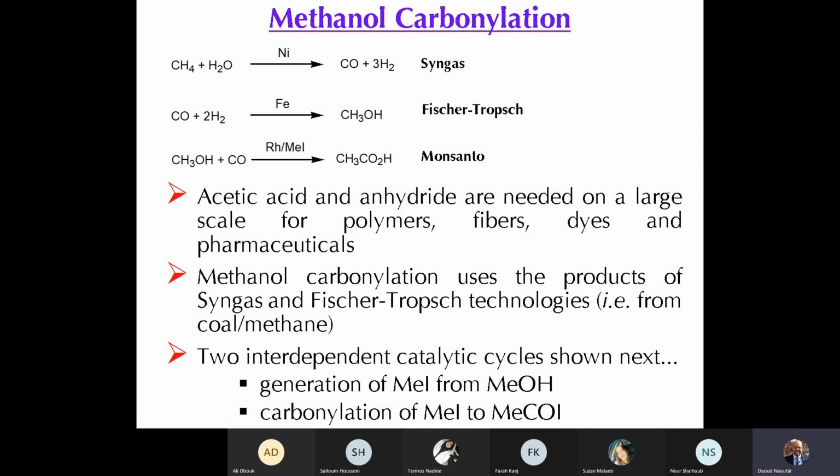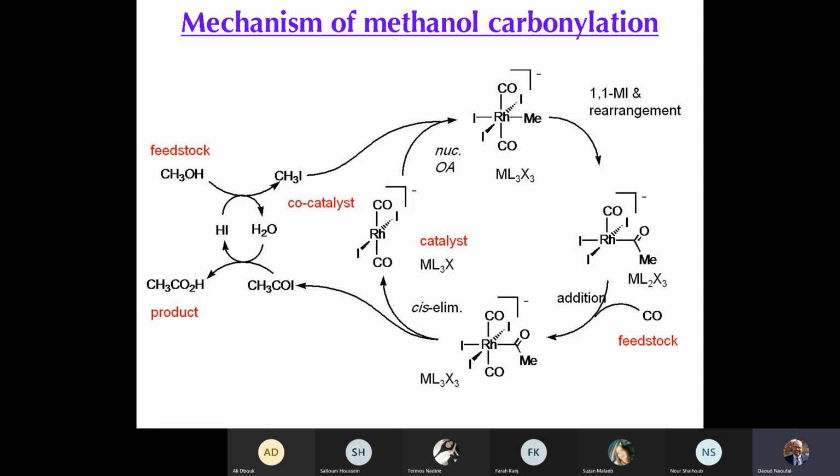So they ask, for example, to write the catalytic cycle for each reaction. I will do only the Monsanto, the formation of acetic acid. The formation of acetic acid is the following reaction.